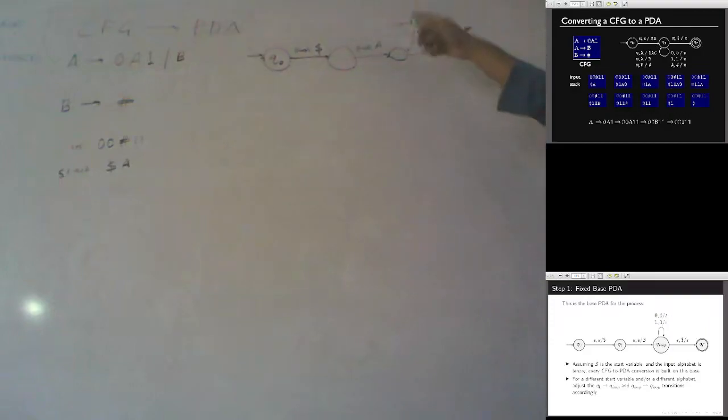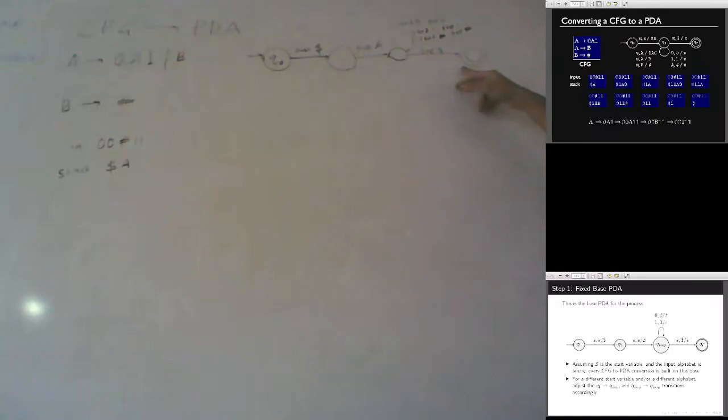Whenever you can, you match the input and the stack: read 0, pop 0, or read 1, pop 1. And if you have more symbols in the alphabet, like the hashtag, read hashtag, pop hashtag. And after you're done with reading everything, including the variables, which we didn't draw yet, when you can pop the bottom, you go to the accepting state.